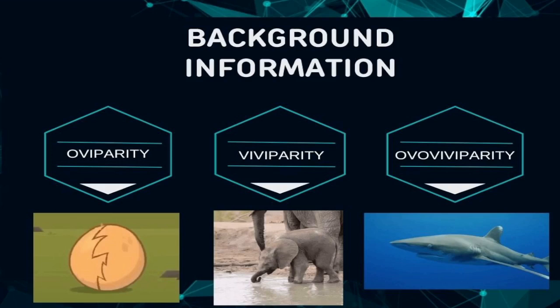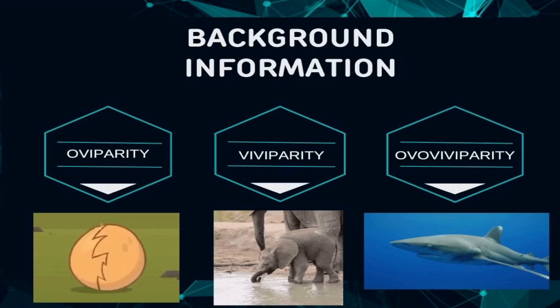In viviparity, the breeding ends up in giving birth to a young one. So basically, viviparity involves internal fertilization and embryos developing within the female's reproductive tract. Ultimately, when the embryo has developed into a young one, the female will give birth to it.